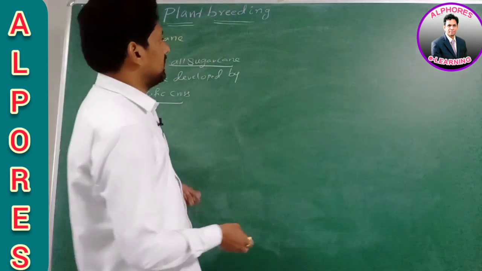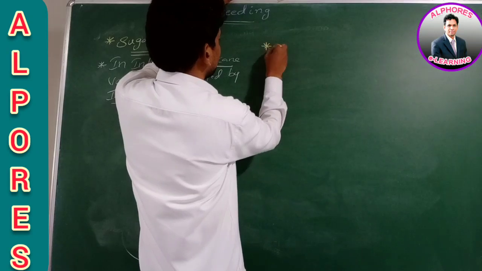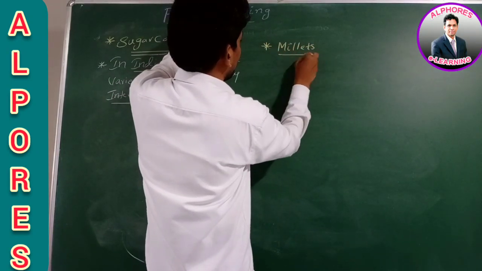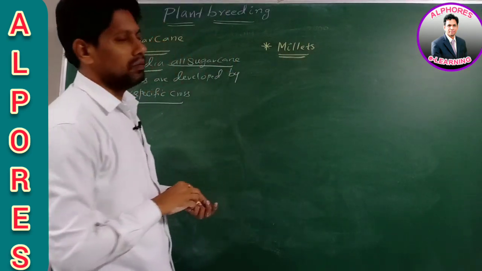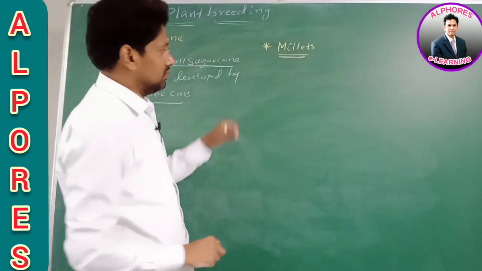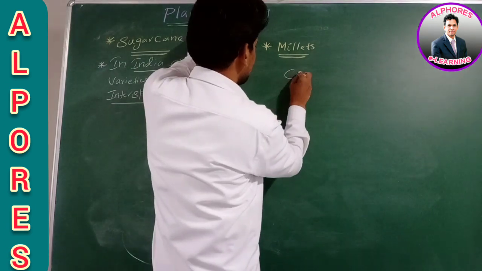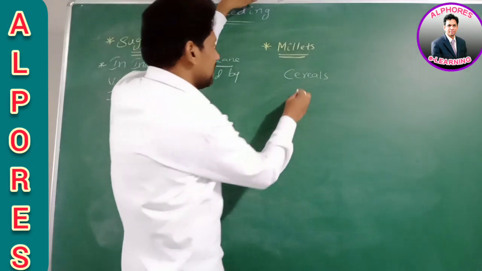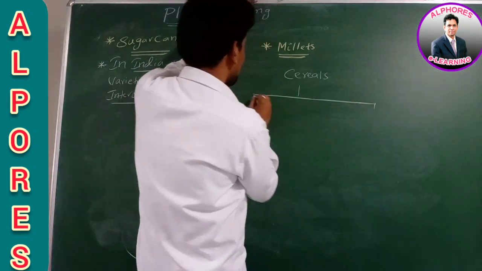Now go for the next one, millets. What are these millets? I think you know about cereals. Cereals are of two types, major and minor.